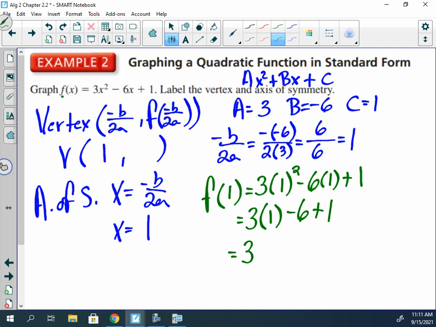Negative 6 plus 1 is negative 5. 3 minus 5 is negative 2. So the vertex is going to be the point 1 comma negative 2. And the axis of symmetry is x is equal to 1.